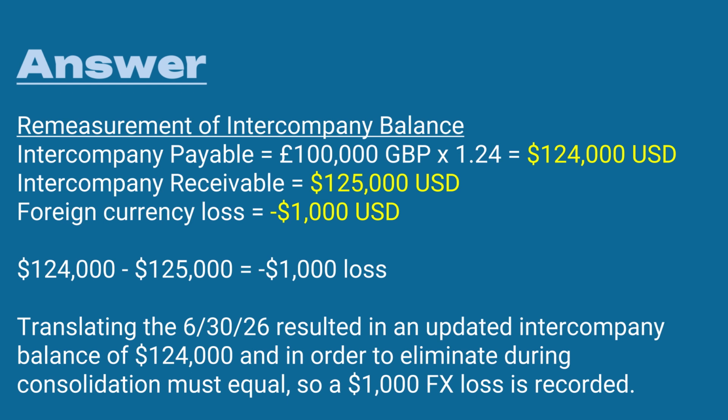Now, the intercompany receivable on the parent is $125,000. And with consolidation, we're going to need to eliminate both sides of the equation. So there's a $1,000 foreign currency loss in this situation. So you have to reduce your receivable down $1,000. So $124,000 minus $125,000 is a $1,000 loss.